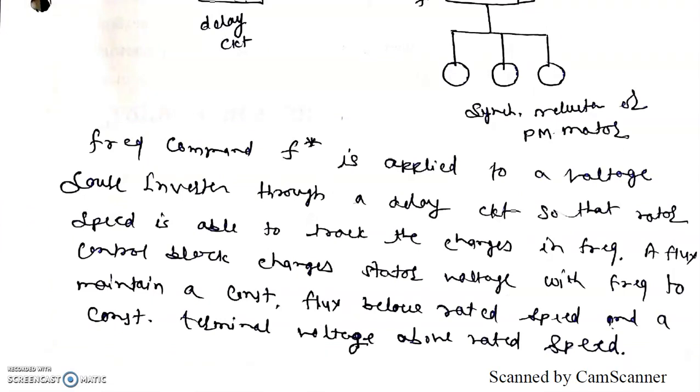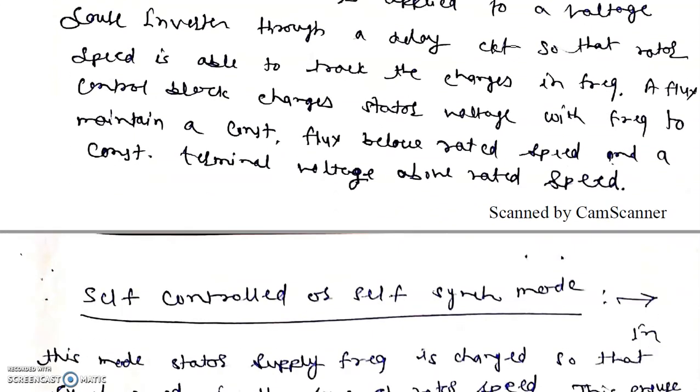So frequency command F star is applied to a voltage source inverter through a delay circuit so that rotor speed is able to track the change in frequency. A flux control block changes stator voltage with frequency to maintain a constant flux below rated speed, and a constant terminal voltage above rated speed. It tracks the ratio of V by F and maintains the V by F ratio constant.